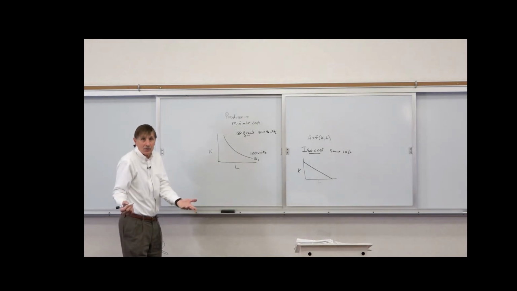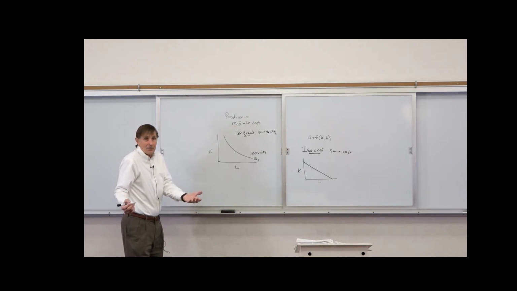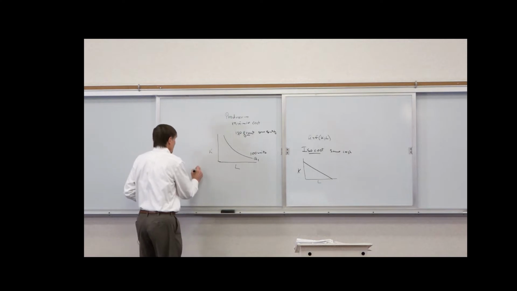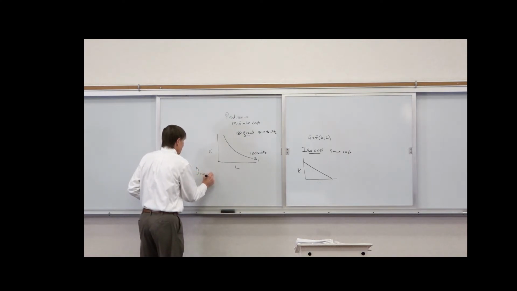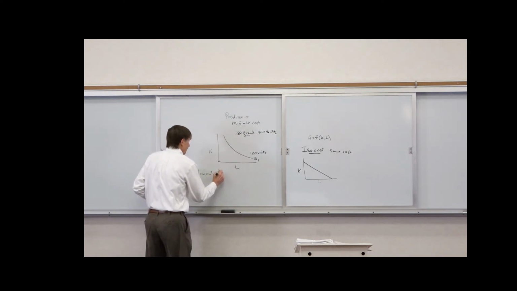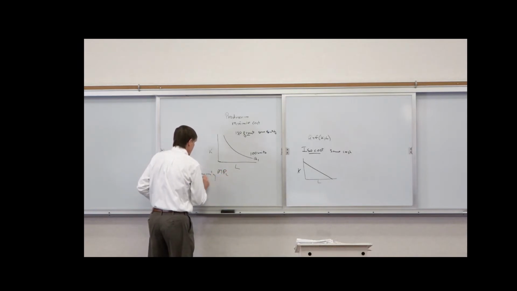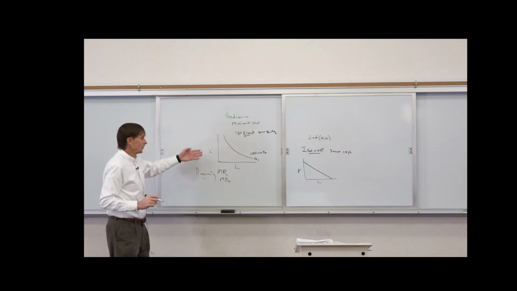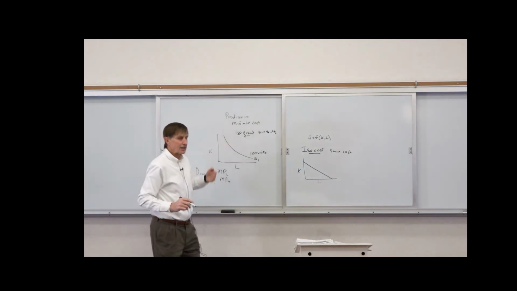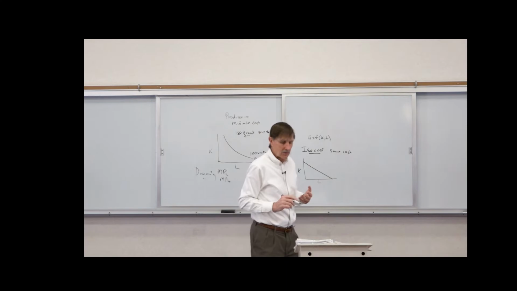That's what you guys assumed in Econ 202. So if you have a diminishing marginal product of labor and a diminishing marginal product of capital, you're going to get that shape.